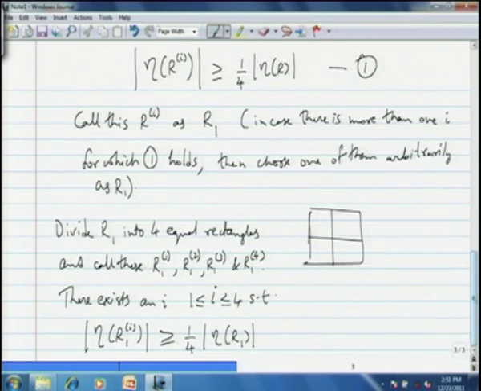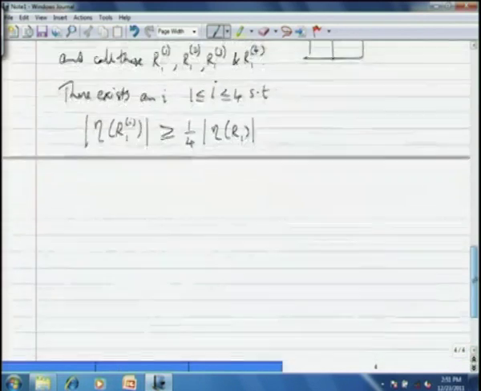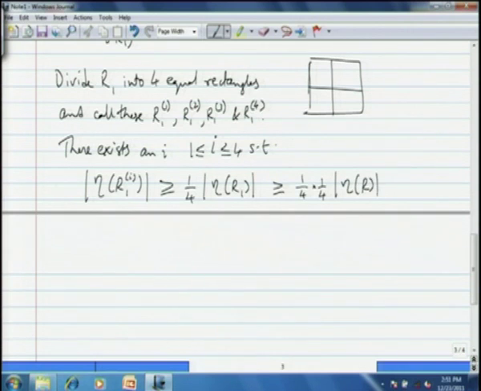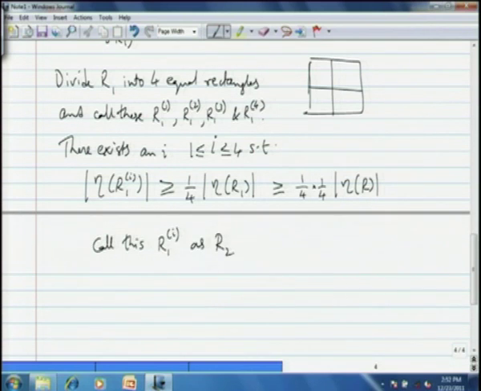And R_1 was chosen so that its modulus was greater than or equal to 1/4 of the modulus of η(R). So, this is greater than or equal to 1/4 times 1/4 of the modulus of η(R). Call this R_1i as R_2.